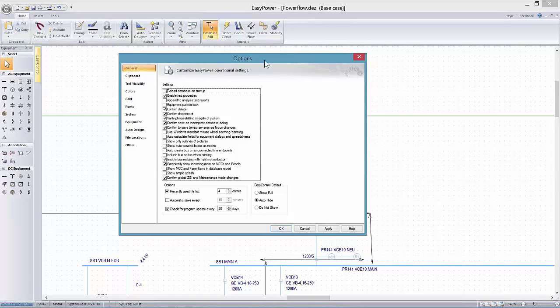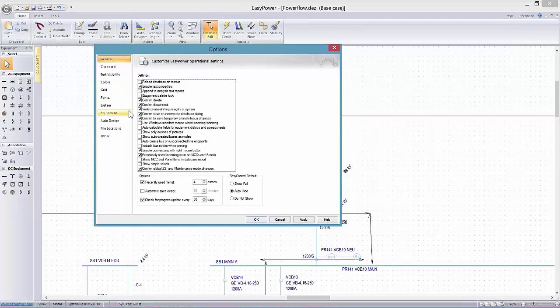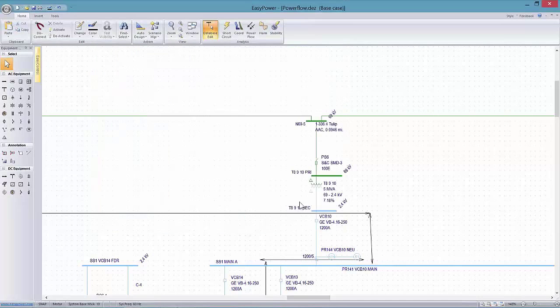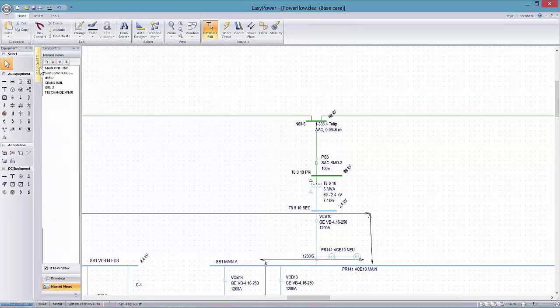So clearly, if you have a system that's running and you get this error, it doesn't necessarily mean it's a problem with the system. You just need to verify that you've collected the data correctly. On the other hand, if you have a system that's running correctly and you want to go in and change something, it is a good check to make, especially if you're looking at power flow considerations.